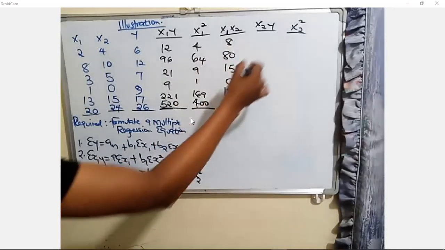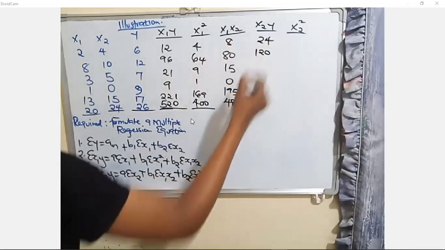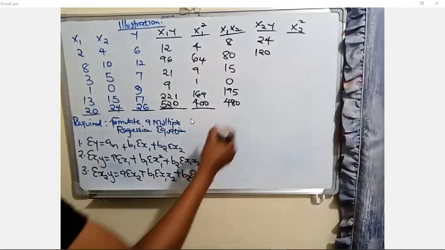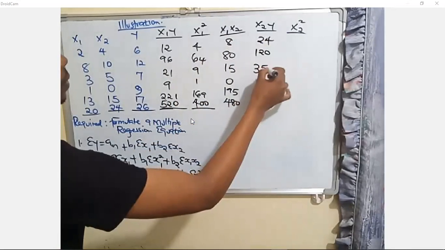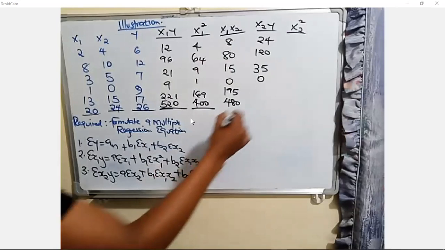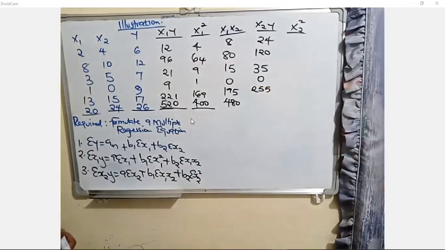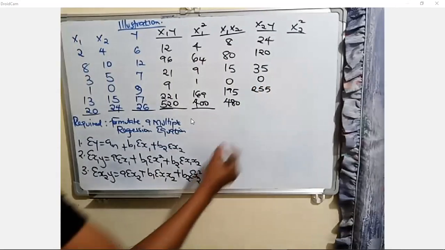X2y I know is 24, 120, 350. 15 by 17 is 255. Then the last one, 624.